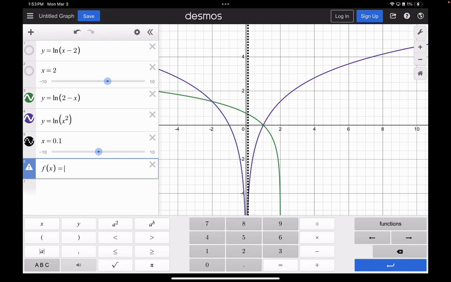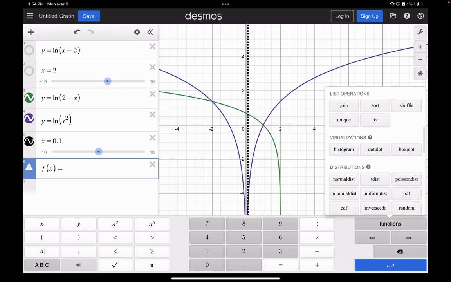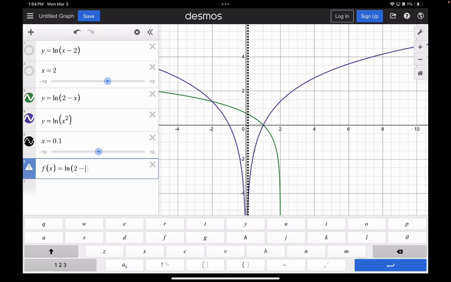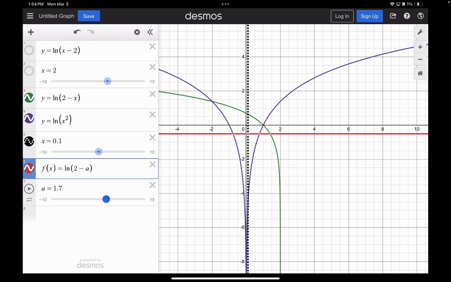Well, if you plug in a different variable than f of x, it'll give you a slider, because if you do x, it's going to recognize that as a function. So I want the slider to be natural log of 2 minus a. It's a constant.